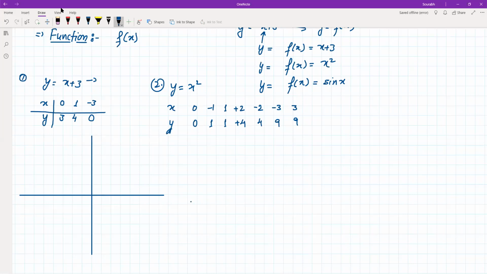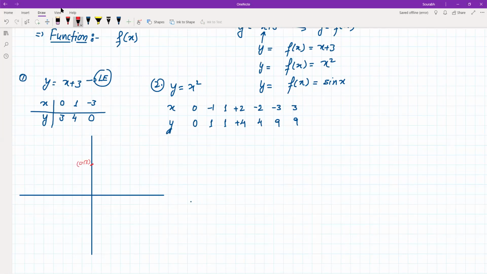Such expressions you must have seen in your previous classes when you would have done linear equations, right? What does that mean? So I can plot these points here. Okay, what all are the points? Points are 0, 3. X is 0, y is 3. This is 0, 3.